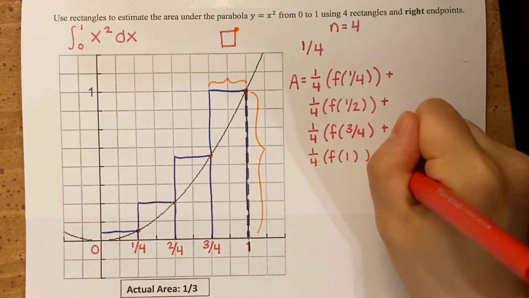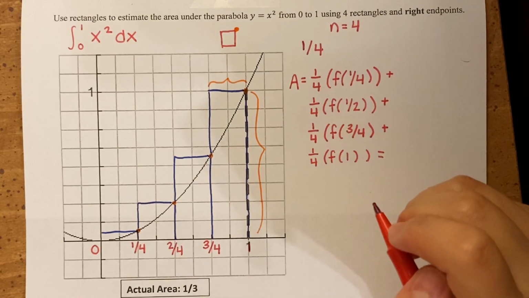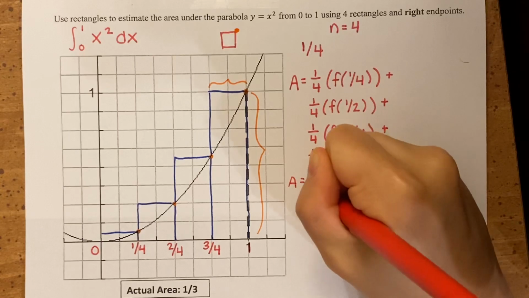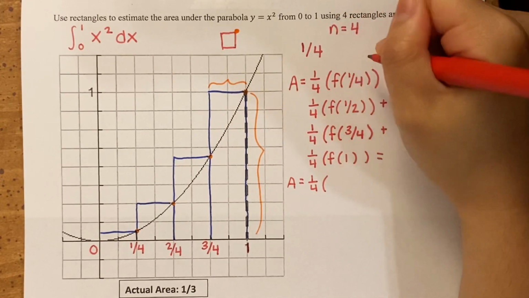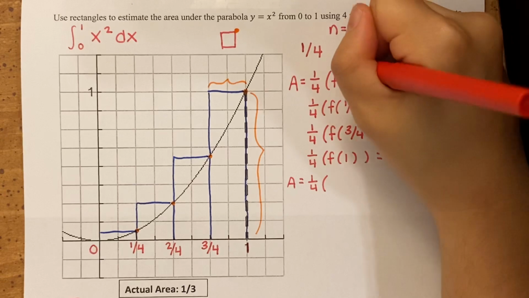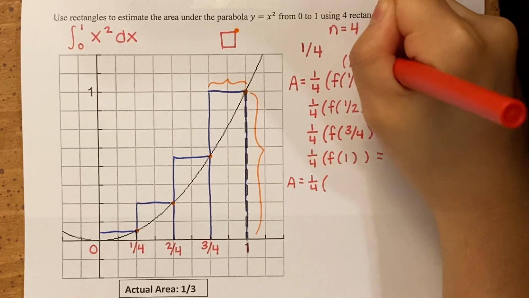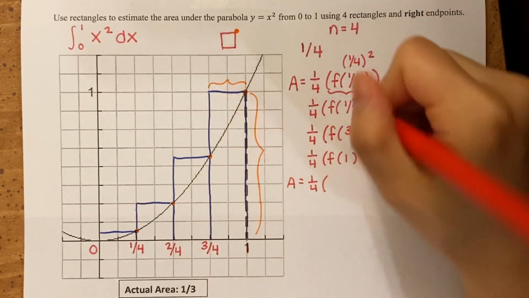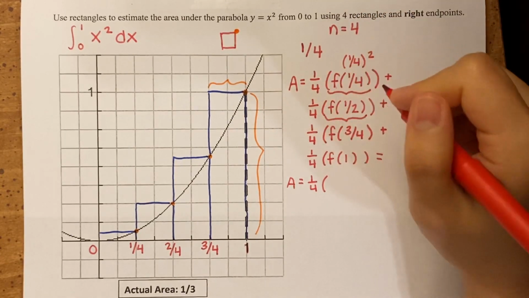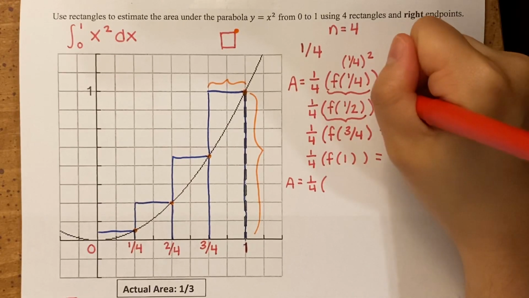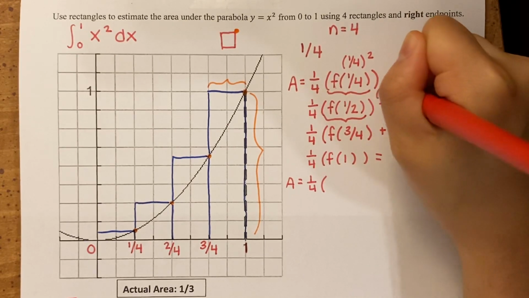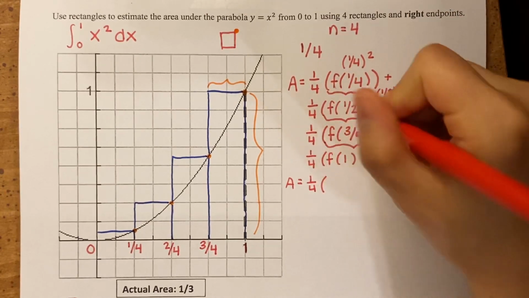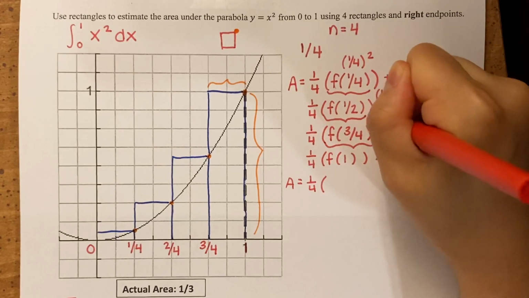When I calculate this, I am going to have A equals 1/4 times, and this is actually 1/4 squared, this whole thing right here. This is going to be, I'm just going to write it really tiny here, 1/2 squared. This right here is going to be 3/4 squared.